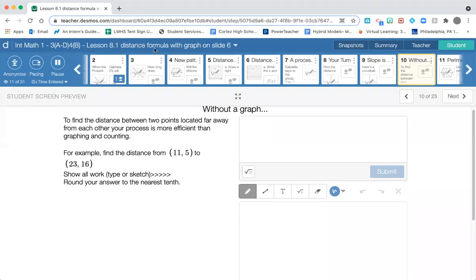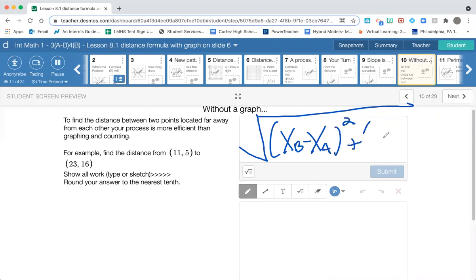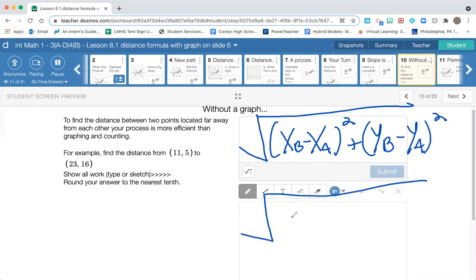What's cool, again, is that if you have this formula written down, the square root of your X coordinates deducted from each other and squared, plus the Y coordinates deducted from each other and squared, you're pretty much home free. Just label away XA, YA, XB, YB, and go to town.